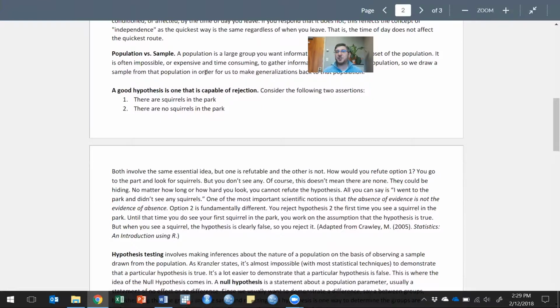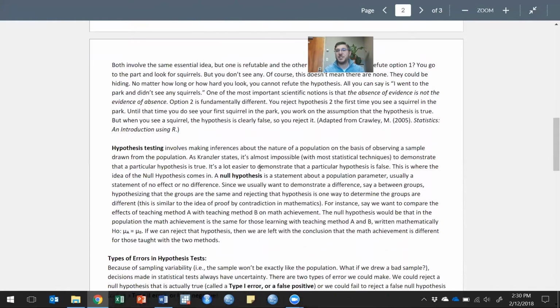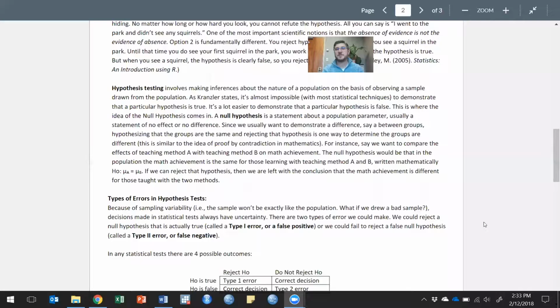And Cranston talks about this in the textbook as well: statistics do a good job of proving that something is false, but it's a lot harder actually proving that a hypothesis is true.